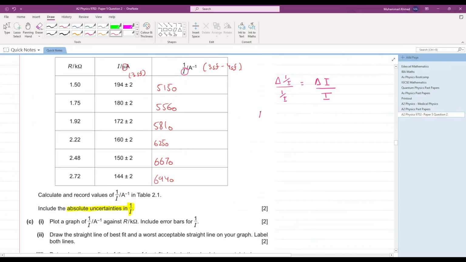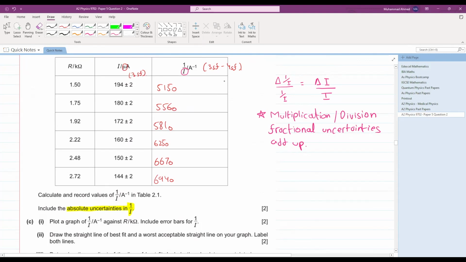So here you can write a key point: in multiplication or division, fractional uncertainties add up. Simple. The absolute uncertainty of 1 over I divided by 1 over I is equal to the absolute uncertainty of current divided by the current.